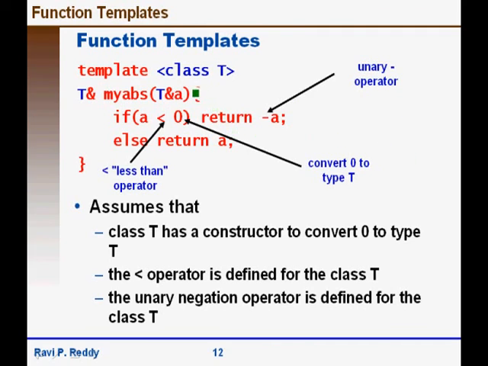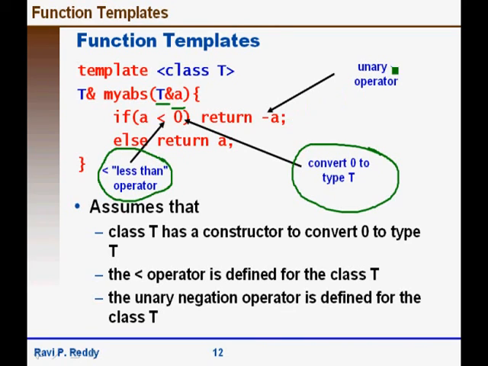Let's look at the class requirements of the function template myAbs. In myAbs we are using two operators. One is the comparison against a 0. So this could be either some kind of a function which compares the object of the class T against 0, or it should have some kind of a conversion function to convert a 0 to a type T, along with the function overloaded for the less than operator.